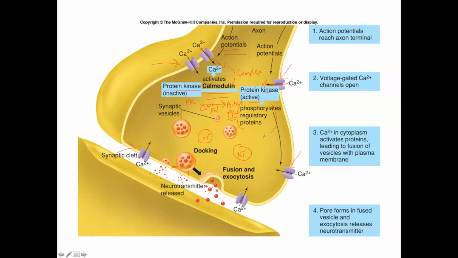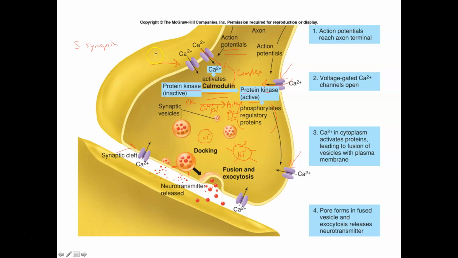And so what is it doing? Well, one of the main things that it does is it activates a protein that's part of the vesicles. So the vesicles have a protein called synapsin. So if I put an S here, it's synapsin. And they're found in the walls of the vesicles that house the neurotransmitters.